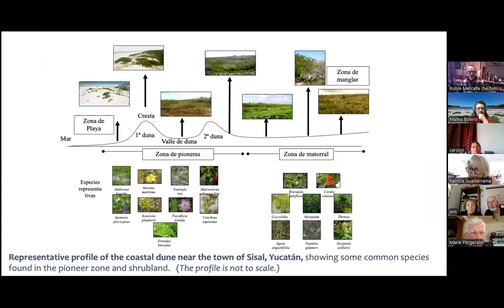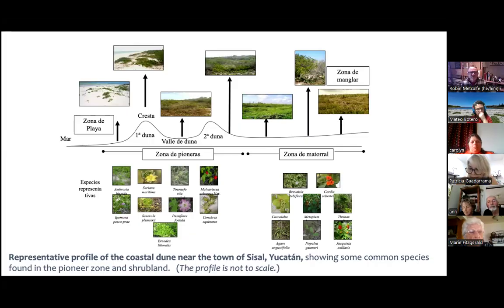In this image, I'm showing you a beach profile. It's in Sisal, Yucatan, where different plants are distributed along the coast, close to the sea.